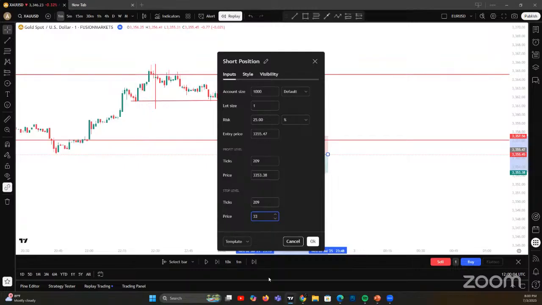Count, my friends, count by your fingers, no problem. Just 50 pips. 55 plus 50. How much?